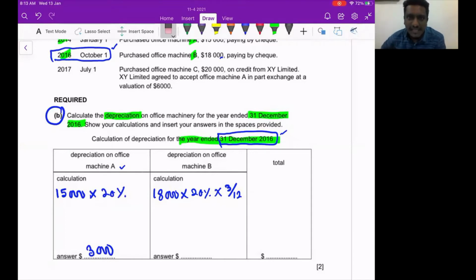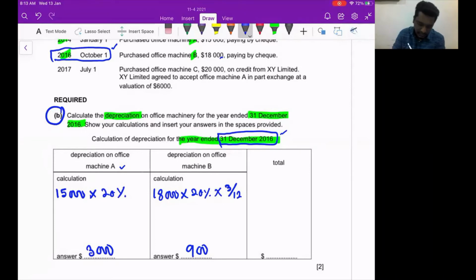When you use the asset, only then will the asset be depreciated. That's why I take only the months I use the asset. So 18,000 times 20% times 3/12, I get 900. So my second office machine depreciation is 900.